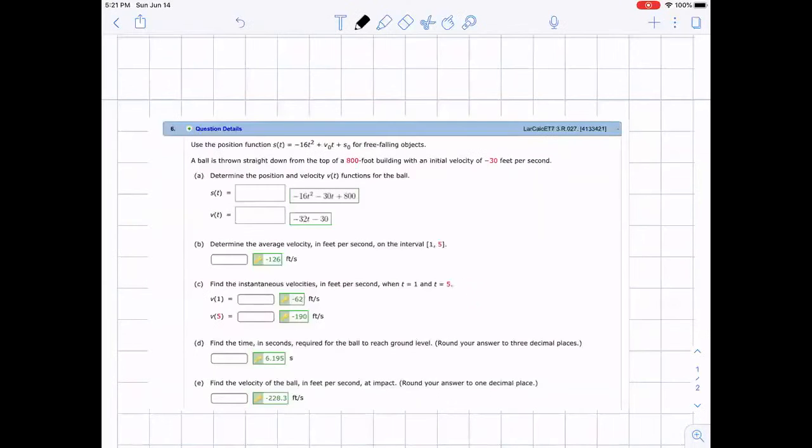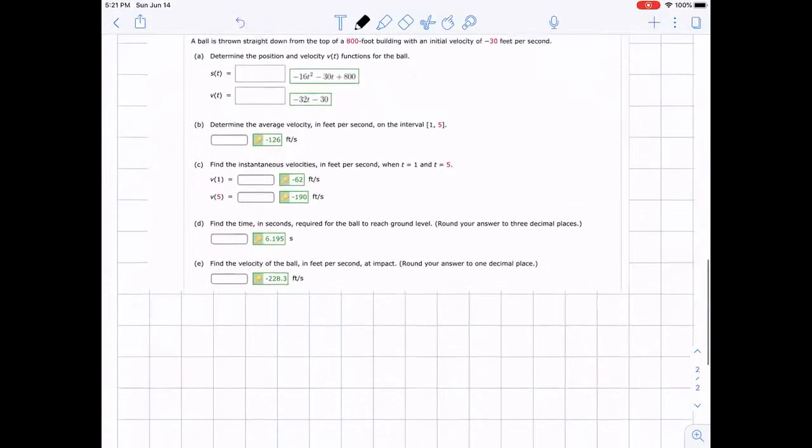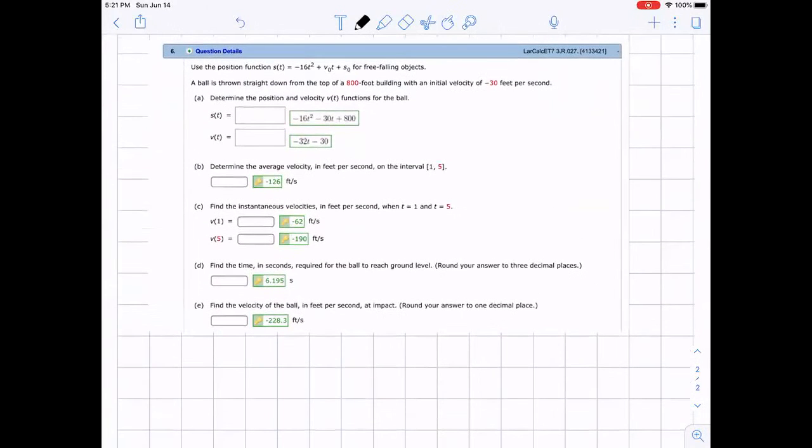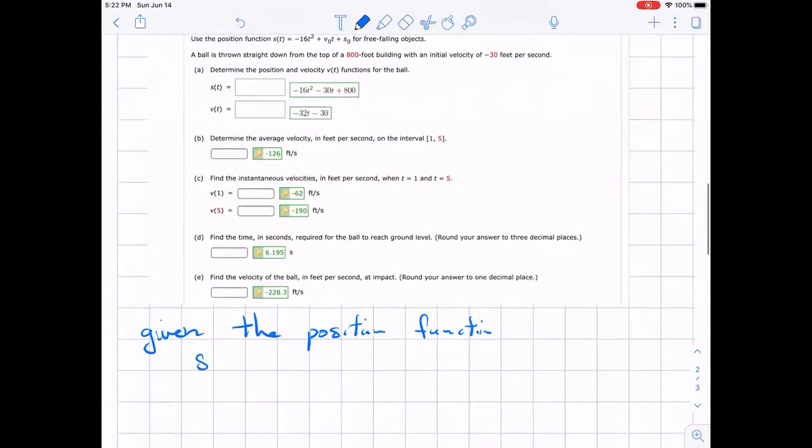One problem that was sent to me was question 6, where you're given the position function. The position function given was s of t is equal to minus 16t squared plus v0 of t plus s0.